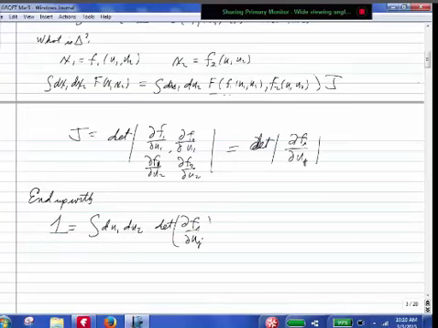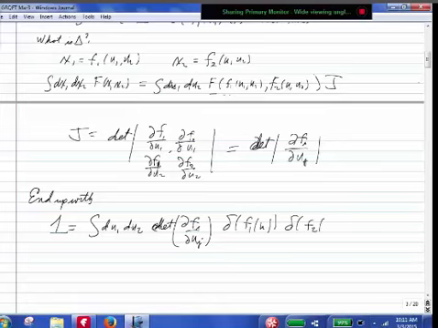And so if we just apply the change of variables where our function is the delta function, we end up with the identity: 1 is the integral du1 du2, the determinant of df i du j, delta of f1 of u, delta of f2 of u.